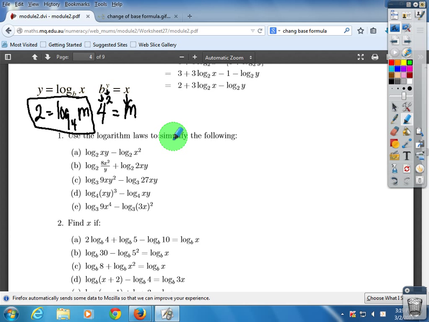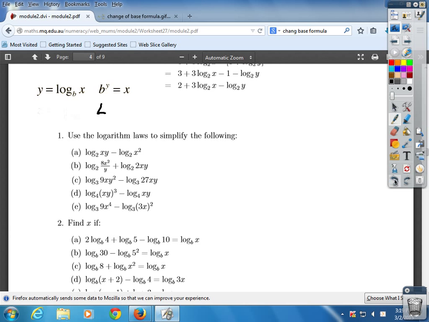Okay, it says simplify. That means you're going to rewrite it. Now, that means you're going to pull in not only this guy, but you're going to pull in the other guys too.